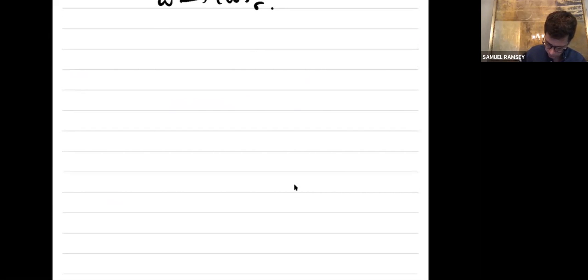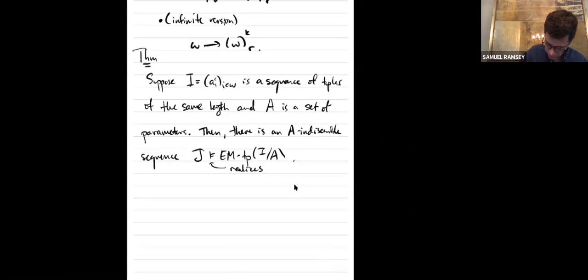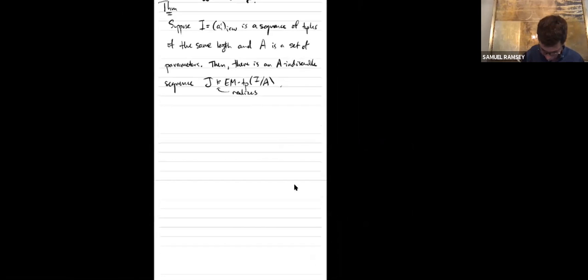And now we will paste, but make it small. Oh no, I wanted to make it small. Well, I guess I'm making everything small. That's fine. All right, so let's prove this, but we're going to use Ramsey's theorem. And then that'll be it for today.